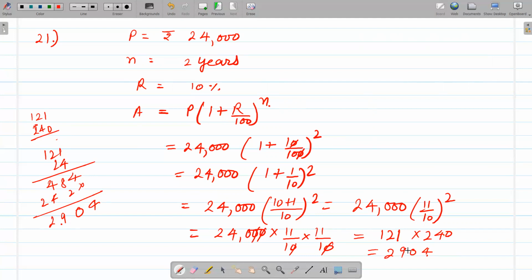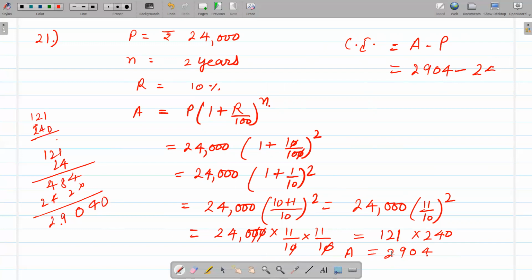2,904. So this will be the amount. After that, for compound interest, the same method, same formula, A minus P, that is amount minus principal. 2,904 minus 2,000, sorry, something is left here.